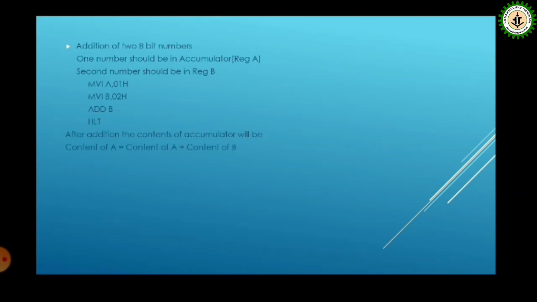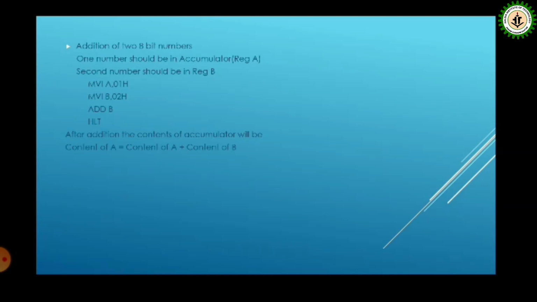MVI A 01H, the MVI instruction is a 2-byte instruction. MVI B 02H is also a 2-byte instruction. So 2 plus 2, 4. ADD B is a 1-byte instruction, and HLT is also a 1-byte instruction. So 2 plus 2 plus 1 plus 1.